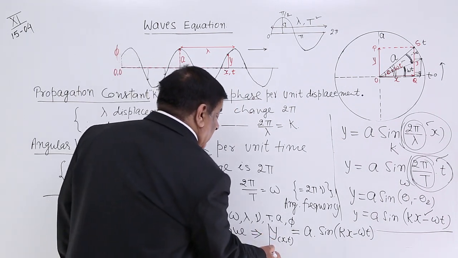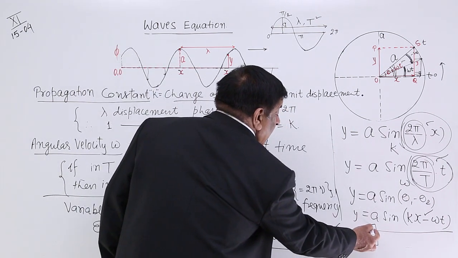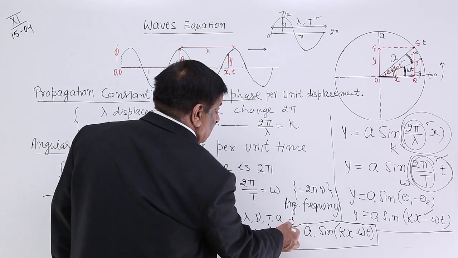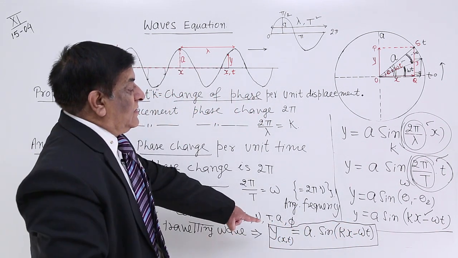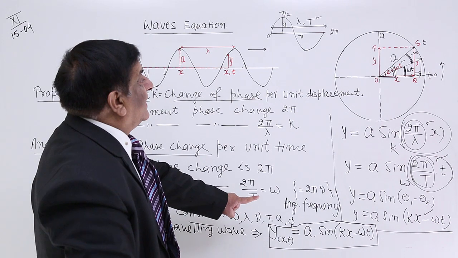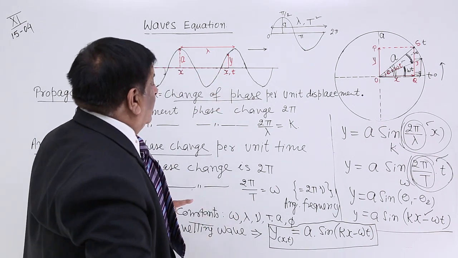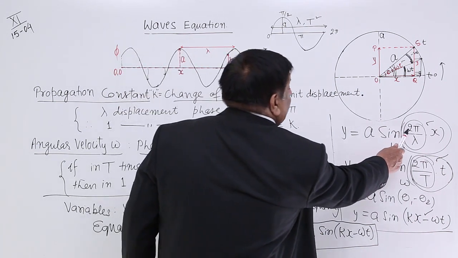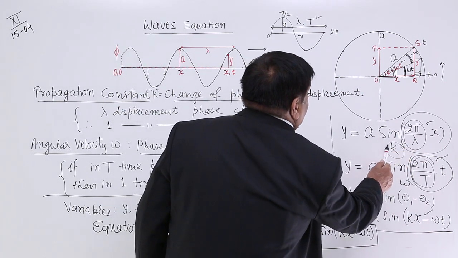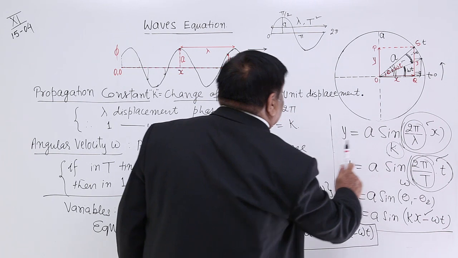This is the equation of the traveling wave, and this is traveling in positive direction of x. Here again 2 pi upon lambda we have converted into k, and we make it an important quantity.